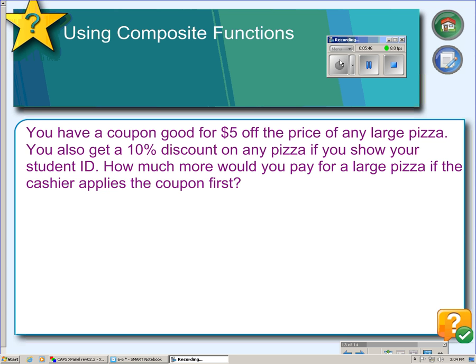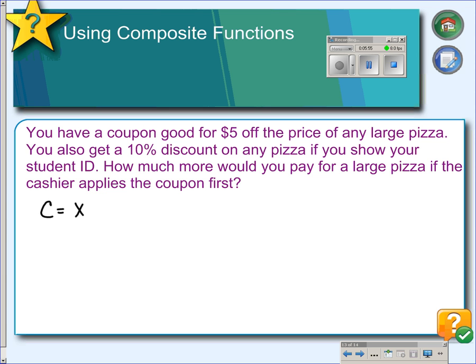So what we're looking at is, let's say this, we have a coupon function, which is the price of the pizza minus $5. We also have a discount function, which is the price of the pizza minus 10% of the price of the pizza.